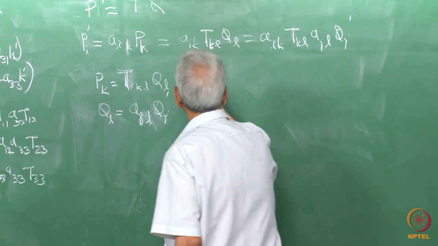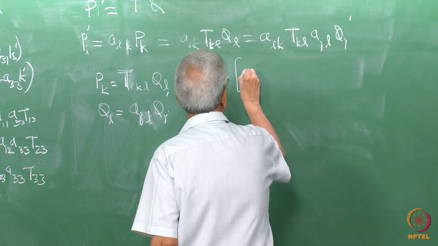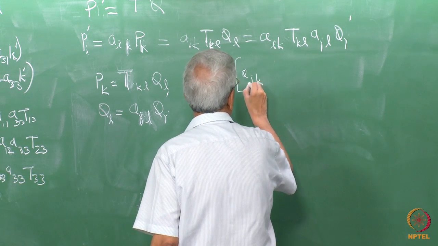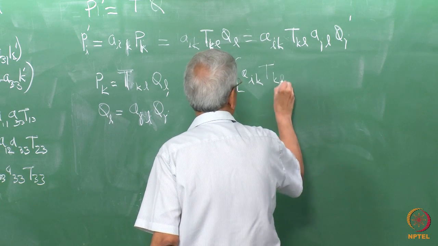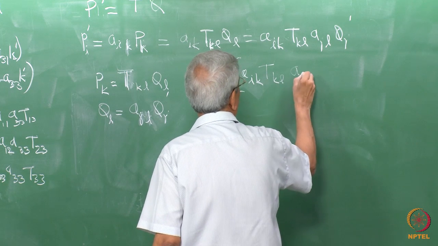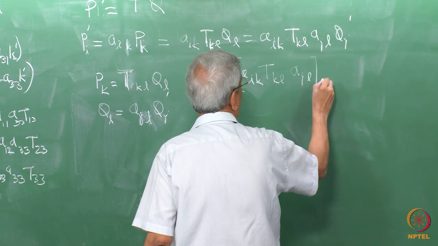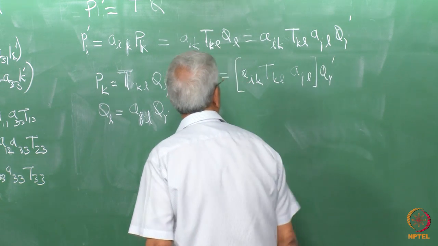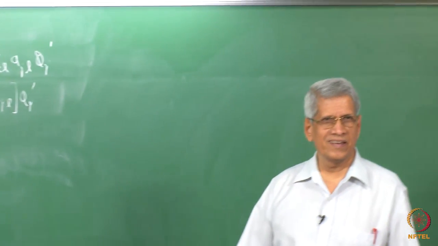Now, if we look at it, this is PI dash equals AIK TKL AJL into QJ dash, it has become.